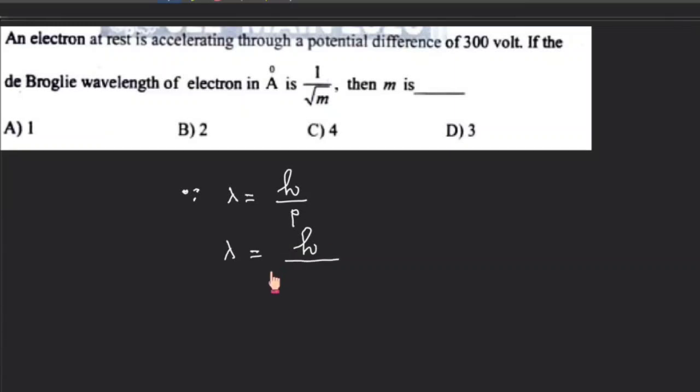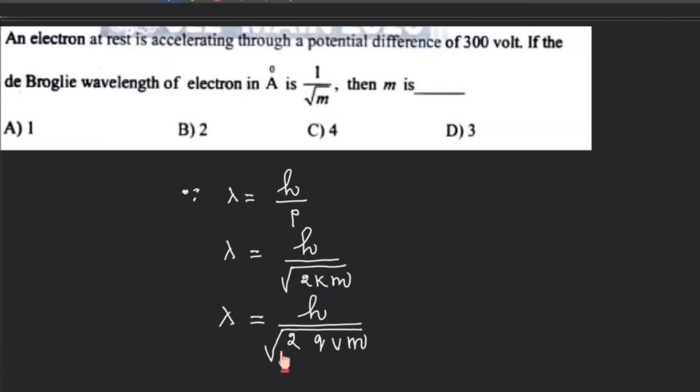We already did this in the previous problem. Lambda can also be written as h by under root of 2 qVm, right? So these are all the formulas of this wavelength.